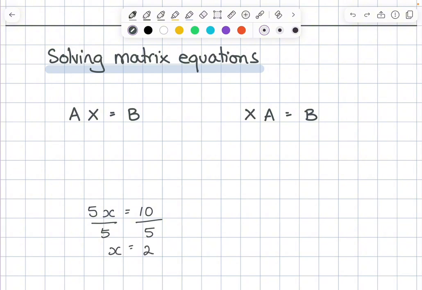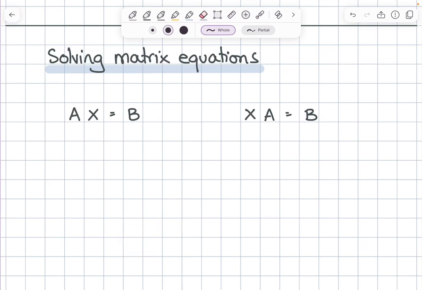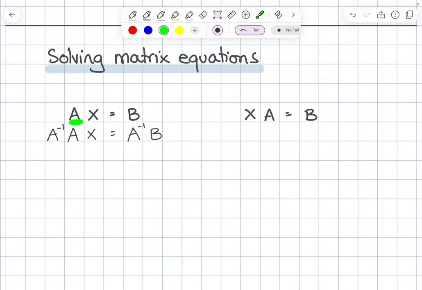For matrix equations, it's a little bit different. Our inverse operation of multiplying by A is to multiply by the inverse of A. And I have to do it on both sides. Now notice A was on the left of X, so my inverse goes on the left. On both sides, it always gets put on the left.